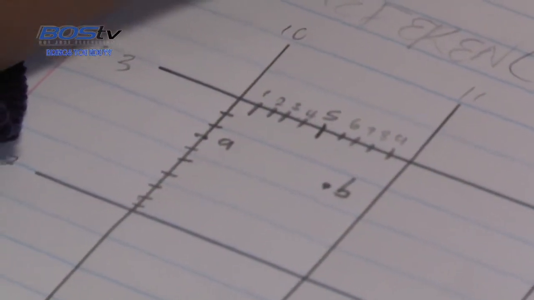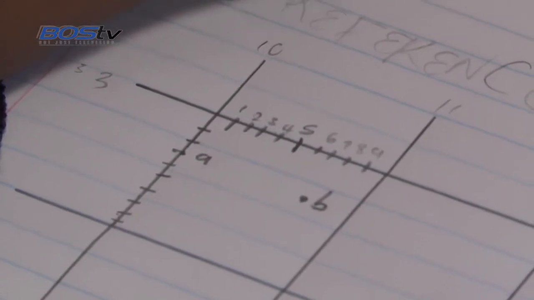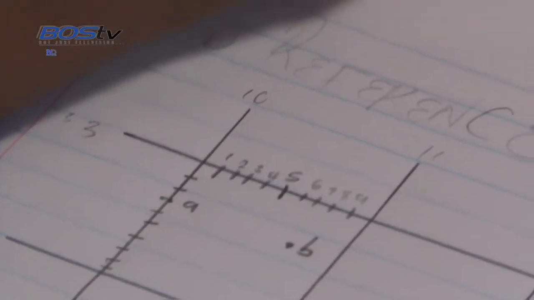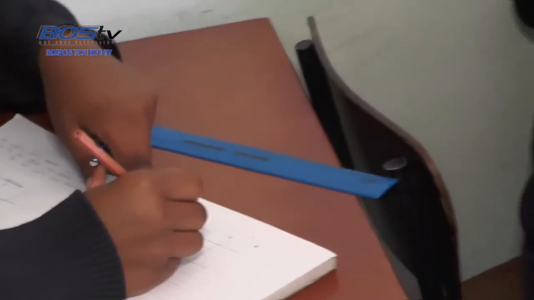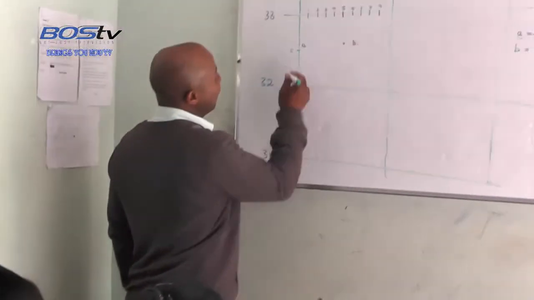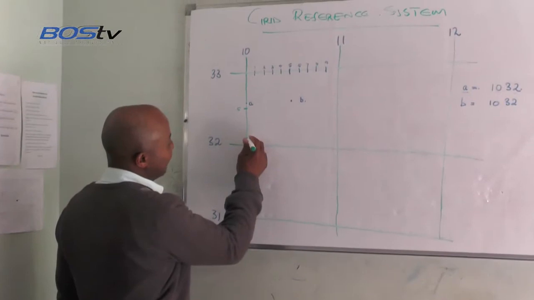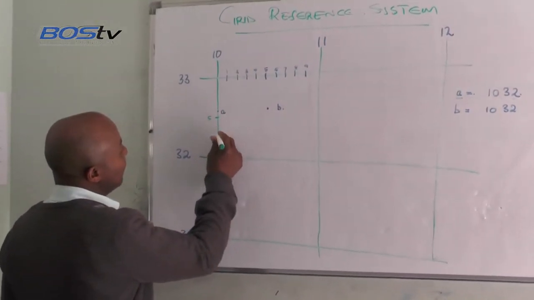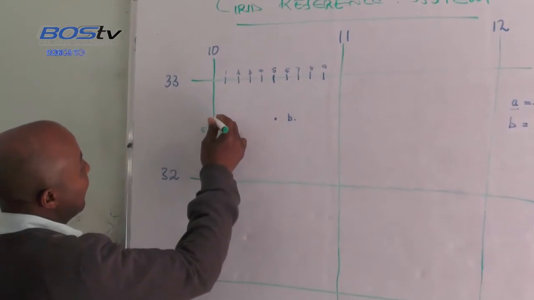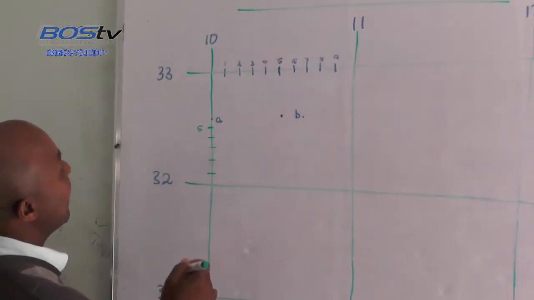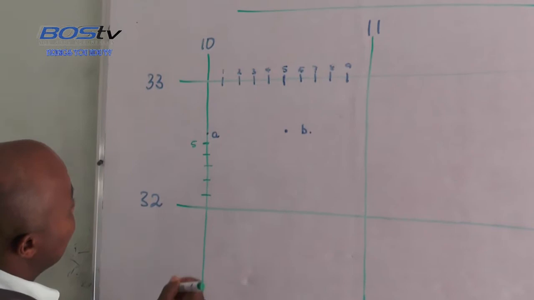Right, then for the northings we do the same. Again, our 2 points lie between 32 and 33. So we subdivide, I think our halfway point is somewhere there, which is 5. So we subdivide like this: 1, 2, 3, 4, 5. Are we very precise then?